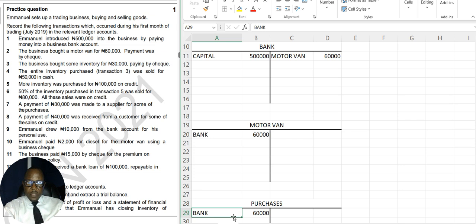Purchases. All right, let's look at the transaction again. He said the business bought some inventory for 30,000 naira by paying check. You can only pay check through bank. So you come to the credit side of bank and put purchases. We have to put purchases because this is what we buy and sell.